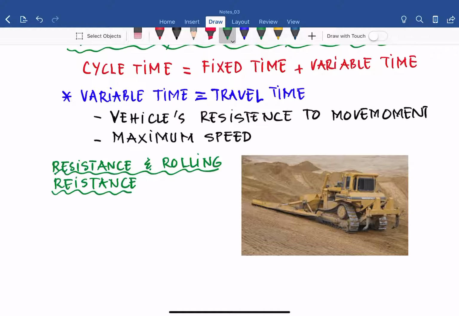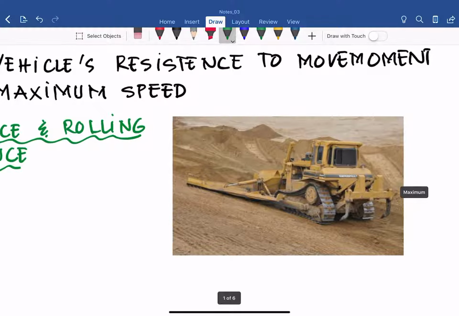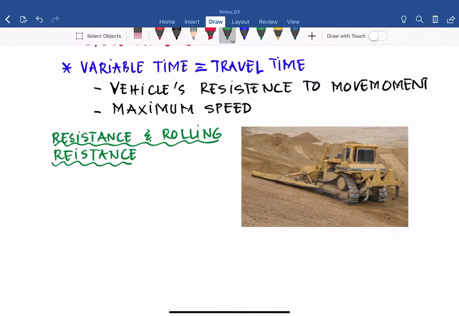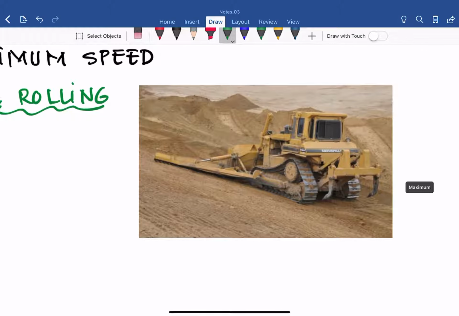For example, in the dozer that you see here, there are 2 types of resistance that you can see to move this vehicle. The first one is the grade, because for example, in this case, the dozer goes uphill. If you go downhill, it's much easier than going uphill. That is one resistance. The second type of resistance, we call the rolling resistance.